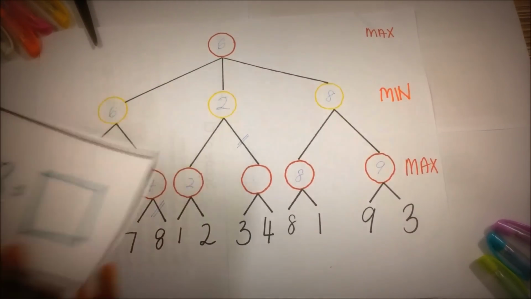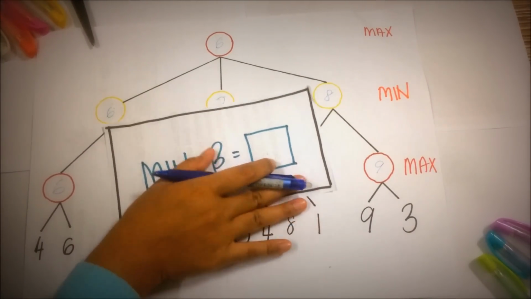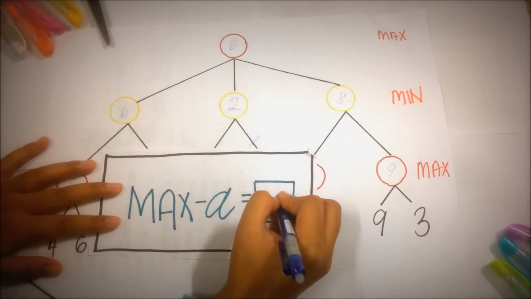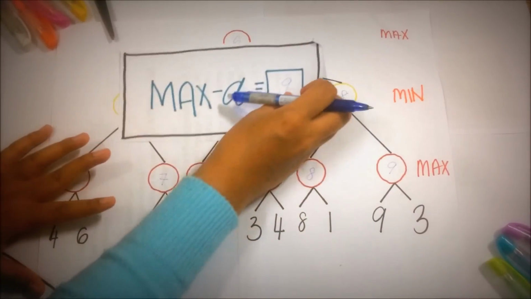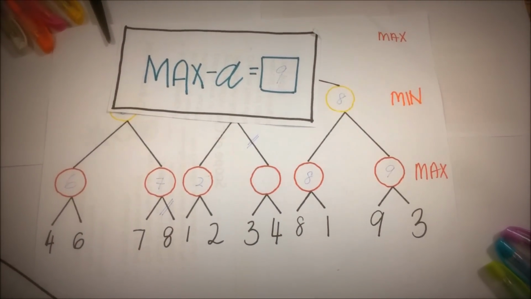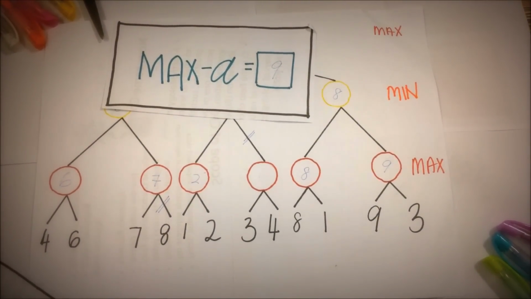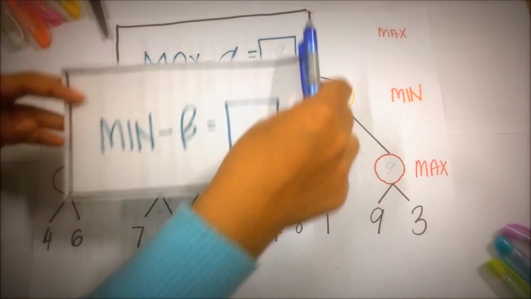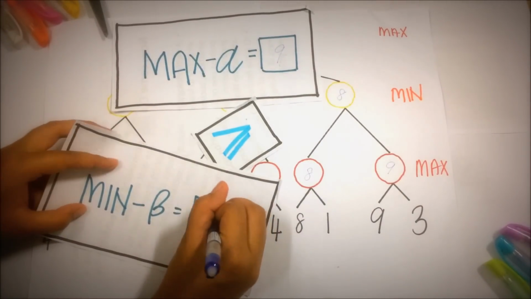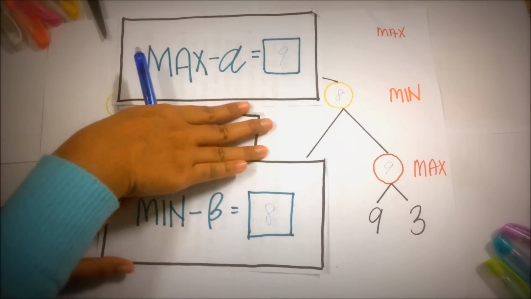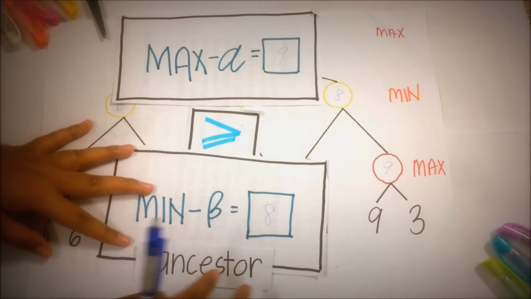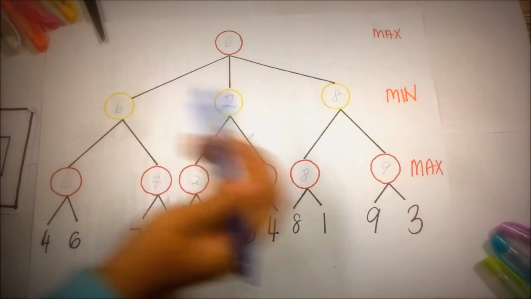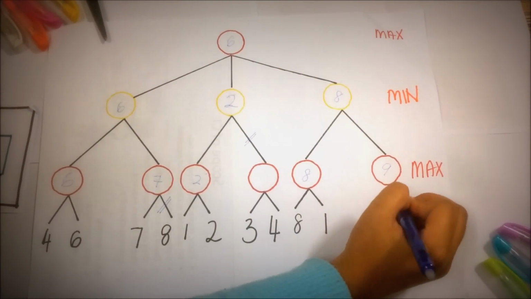So the maximum value now is 9, which is greater than the minimum value of the ancestor, which is 8. So that's why we prune here.